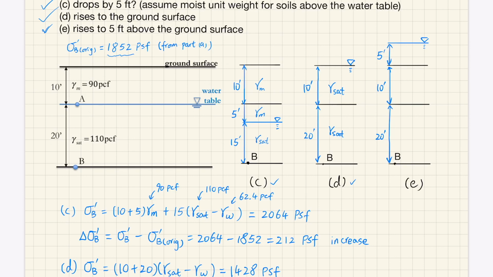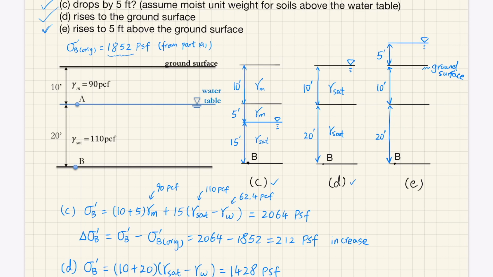Finally, for part E, the water table rises to 5 feet above the ground surface. So this is the ground surface. In this case, what is the effective stress at point B here? To calculate this, we're going to use the effective stress equation.